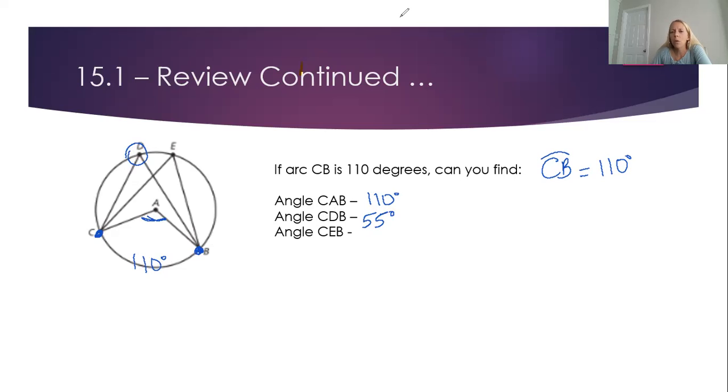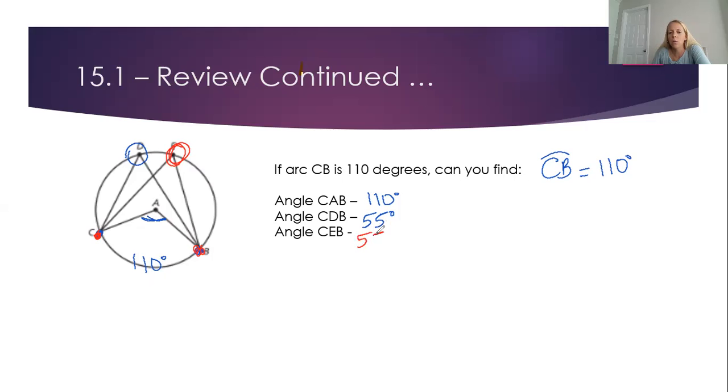Now what about angle E? Let's notice something. Go to the end of the leg of angle E, and there's its endpoint. The end of the other leg, and there's its endpoint. It intercepts the same arc. Because it intercepts the same arc, it's going to have the same measure.